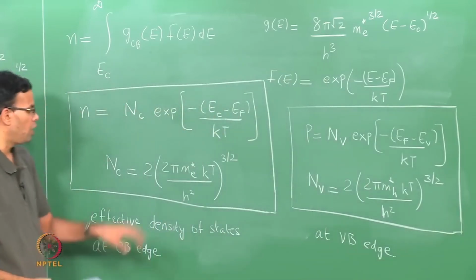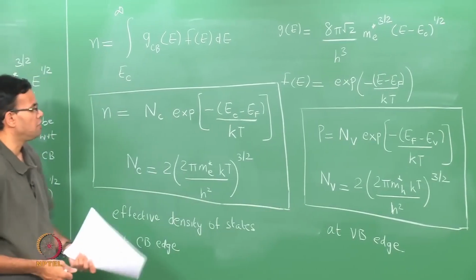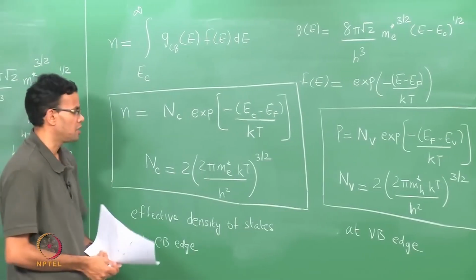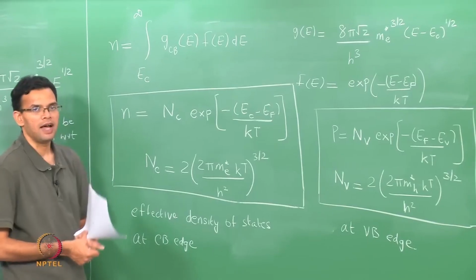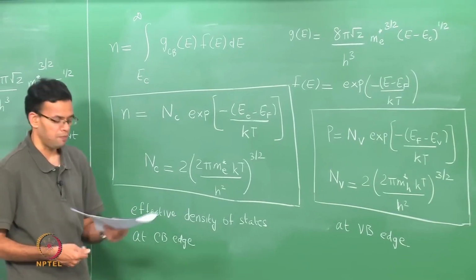These give you the concentration of electrons in the conduction band and holes in the valence band for a given semiconductor as a function of temperature.